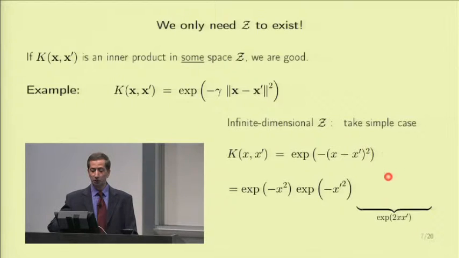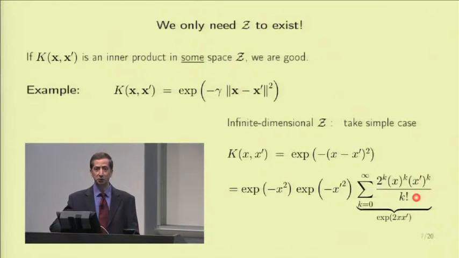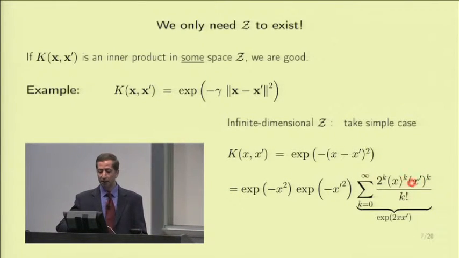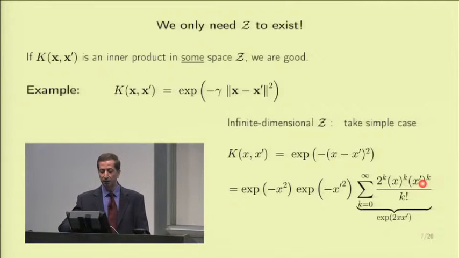Now I take this and expand it using Taylor, and I get this fellow. You take whatever the argument is, raise it to the power k, divided by k factorial, and sum from k equals 0 to infinity. That's the Taylor series for the exponential, right? Now I conveniently took out the x dash to the k, x to the k, and 2 to the k separately. This is just to put it in that form.